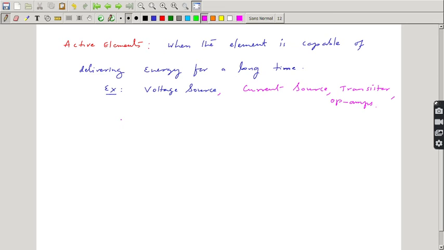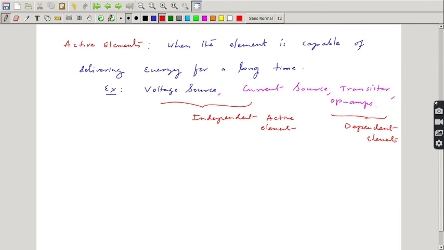Out of this, as per the chart I have given, voltage source and current source are independent active elements, and transistor and op amps are dependent active elements.